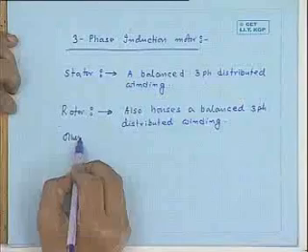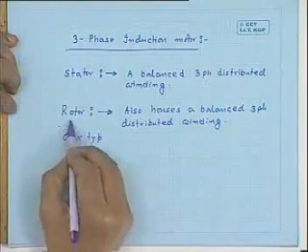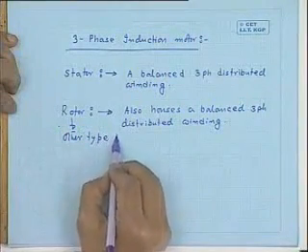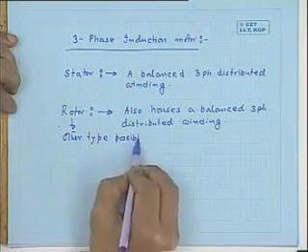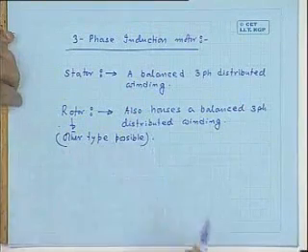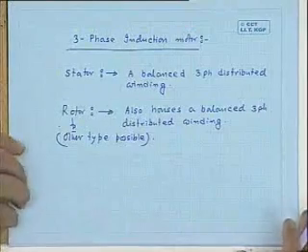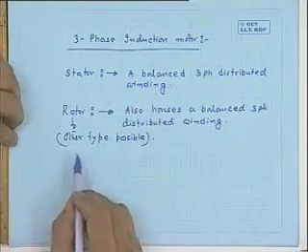Therefore, both stator and rotor house balanced three-phase distributed windings, at least to begin with. There are other types of rotor. The other types I will take up at the appropriate time. Just keep a note of this.